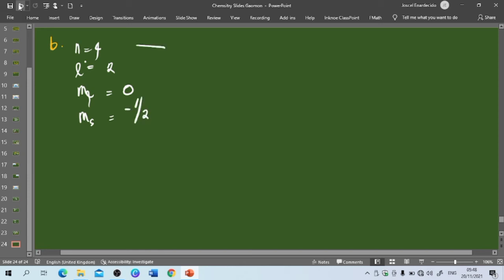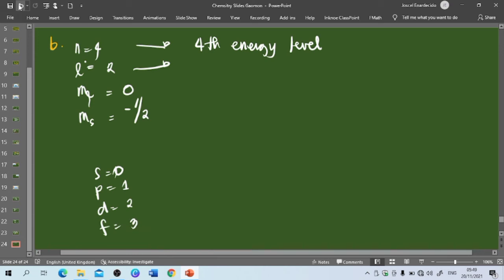So here we can conclude that it is in the fourth energy level. And from the value of the azimuthal quantum number, let's again review. S is 0, P is 1, D is 2, F is 3. So therefore, if the value of L is 2, this is found on the D sublevel.